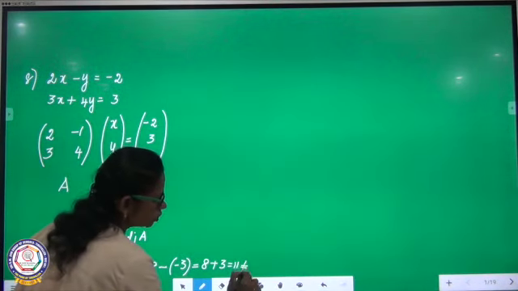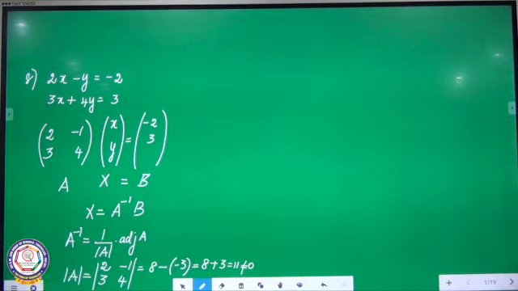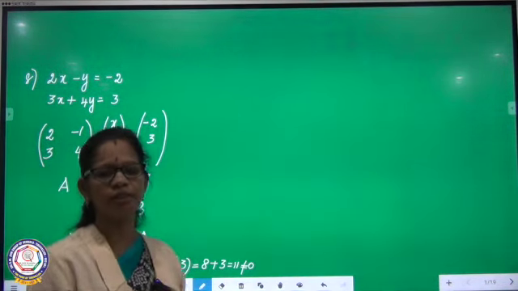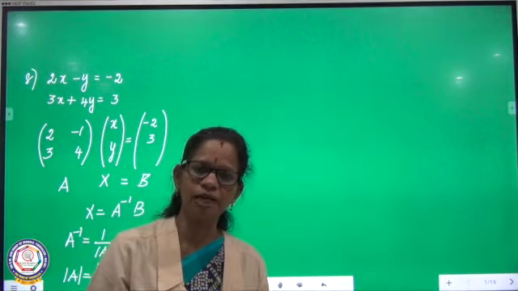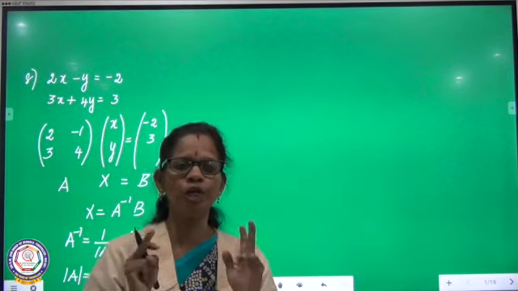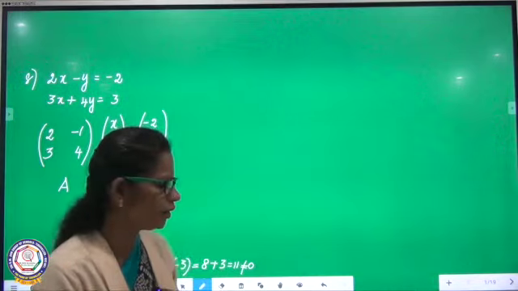So it is not equal to 0. Determinant A not equal to 0 means A inverse exists and the system is consistent, it has a unique solution. You just recall it, right?